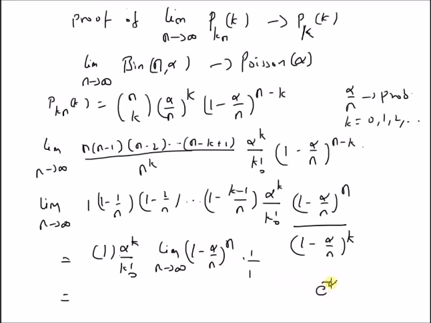We know that e to the power minus alpha is equal to the limit n tends to infinity of 1 minus alpha by n to the power n. So we have finally, as the limit n tends to infinity, the binomial distribution basically becomes e to the power minus alpha into alpha to the power k divided by k factorial, which is nothing but the Poisson distribution.